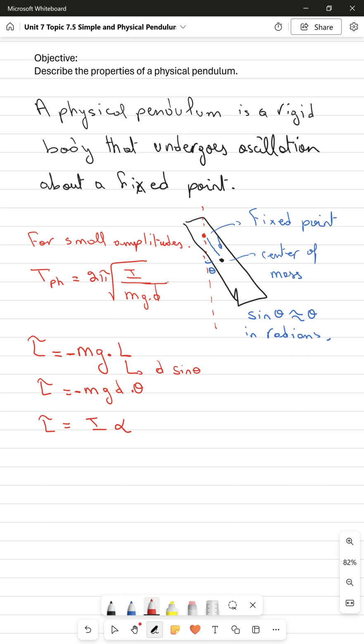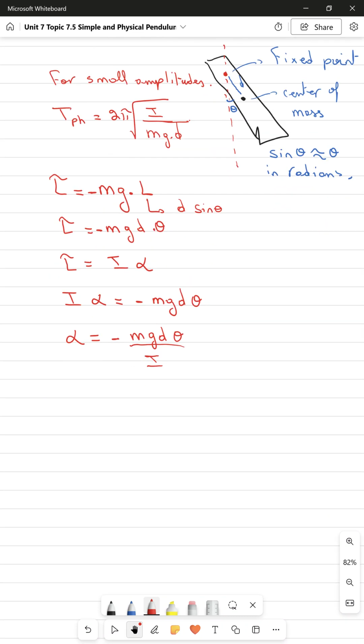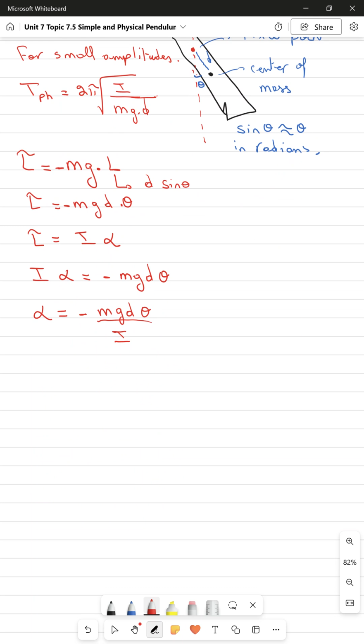From that, we can put that those two are equal. We'll see that I alpha will be equal to minus mg d multiplied by theta. So alpha will be equal to minus mg d theta over I. Now, remember from what we said before, alpha is d squared theta by dt squared.